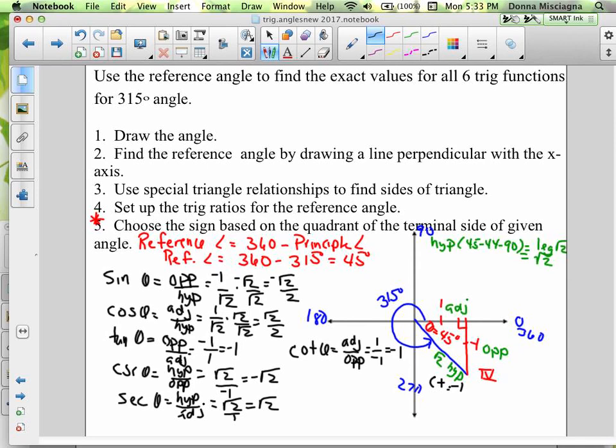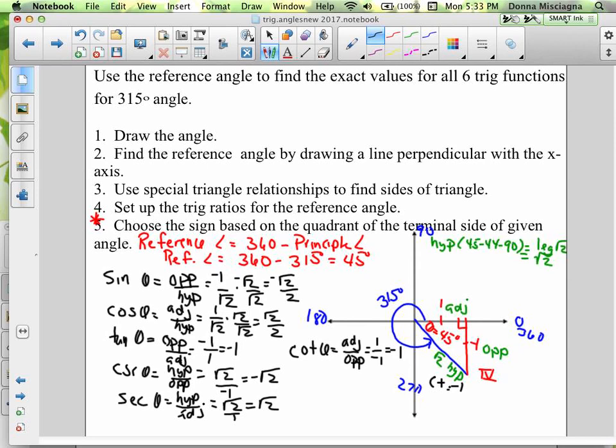Once you have the reference angle, you can use special triangle relationships to find the sides of the triangles. And then you'll set up the trig ratios for the reference angle. So once you've got your reference triangle drawn, you're going to have a special right triangle, and you'll use the special right triangle relationships to find the sides, and then you can find your trig ratios.